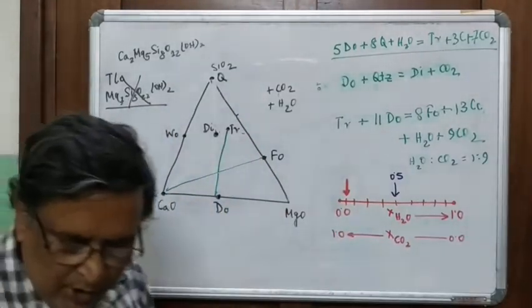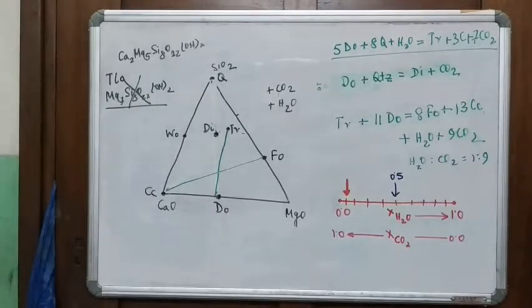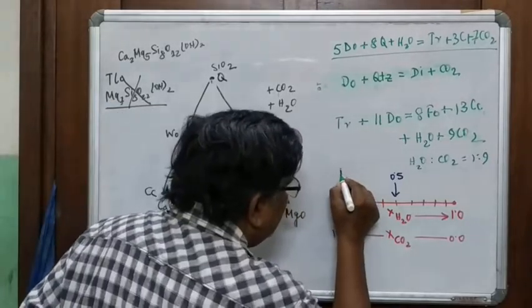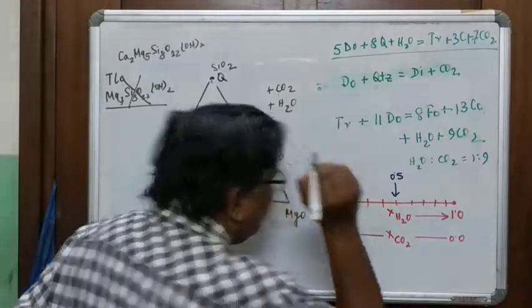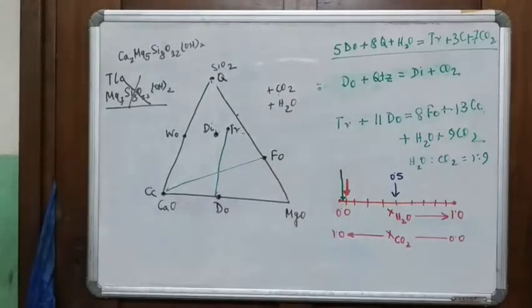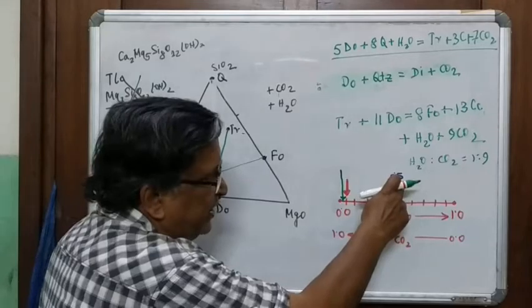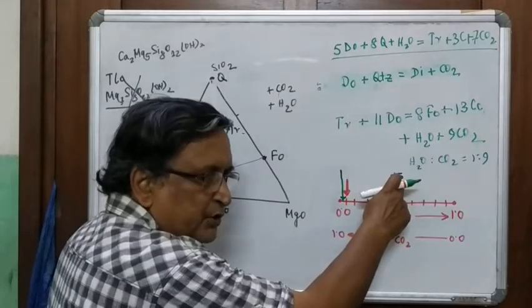Have you understood? Now, if we go to the other end of the spectrum, let's say you had an initial fluid here. This was one situation where your initial fluid XH2O equals XCO2 equals 0.5.